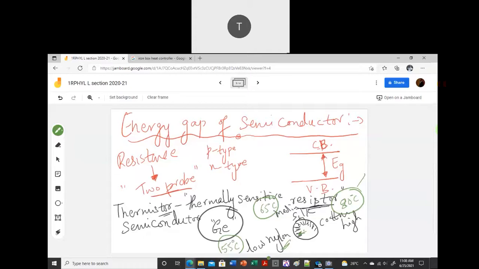So in that case, what happens? It will just switch off. Then once it goes to lower temperature, maybe like 30 degrees, again it will start heating. Okay. So this is how they use this resistor or your thermally sensitive thermistor. Okay. So that is in the case of your iron box.